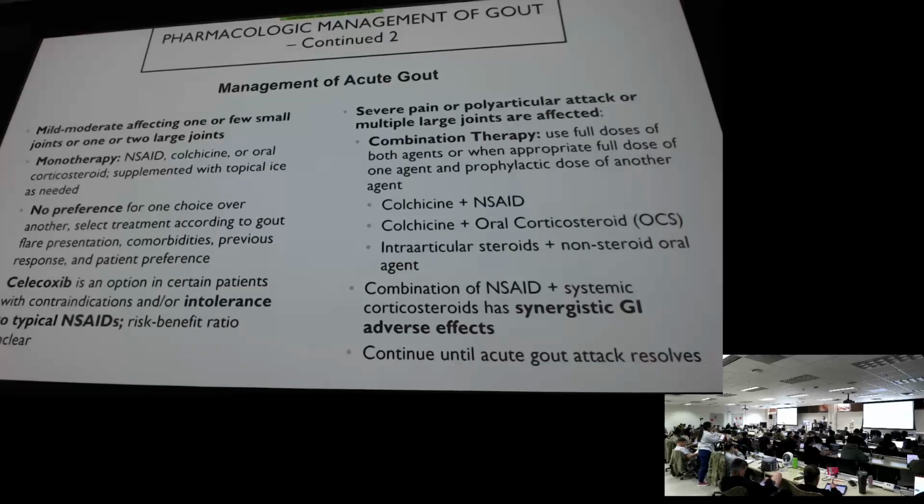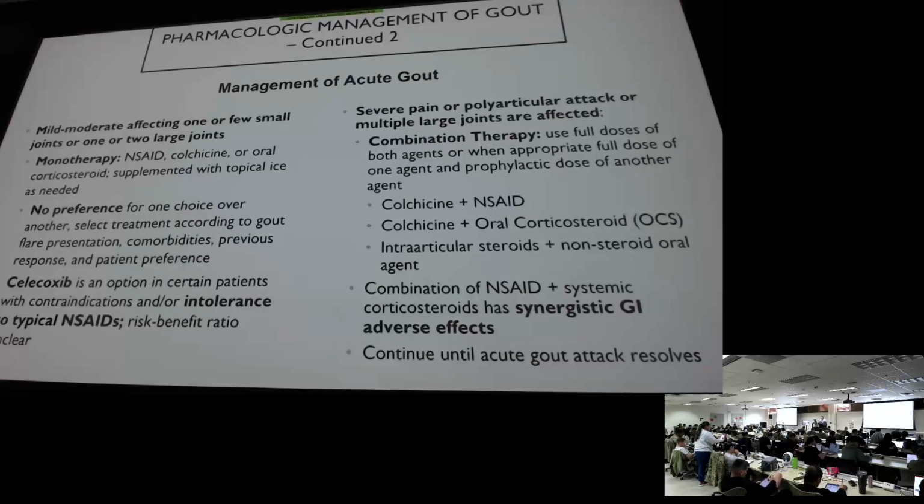They're abdominal, like abdominal pain, diarrhea, and if you're using a non-selective NSAID, what is its common side effect? GI, right? So colchicine and NSAIDs have caution.